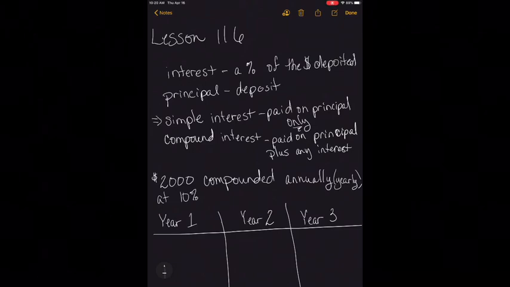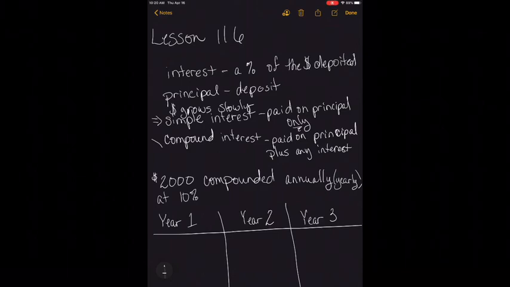If you're only calculating simple interest, it does not grow very fast. Okay, so your dollar amount grows slowly. But compound interest, it grows much faster.